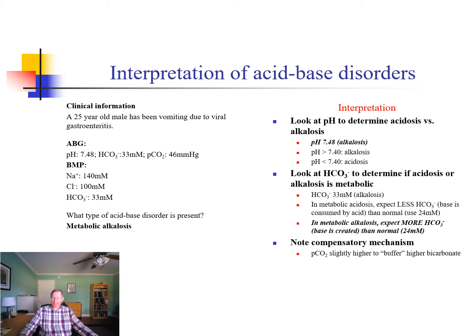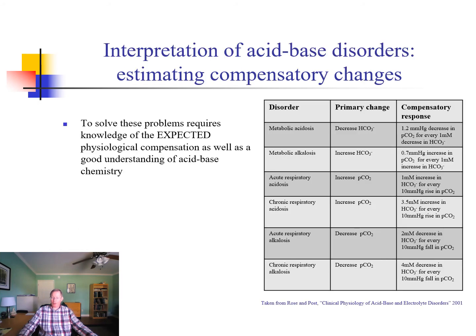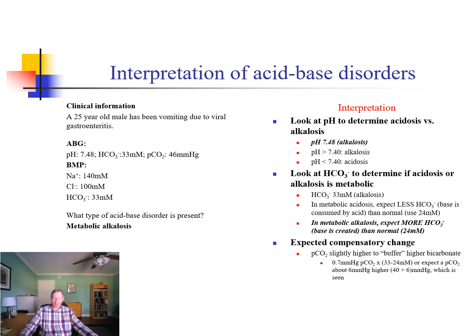And we can actually calculate this compensatory change. And there are tables to do this. This one is from Rose and Post, wonderful book on electrolyte and acid-base disorders. And so if you look here in metabolic alkalosis, for a 0.7 millimeter mercury increase in PCO2 for every 1 millimolar increase in bicarbonate. So if I go back now, I know that I went from 24 to 33 millimolar.